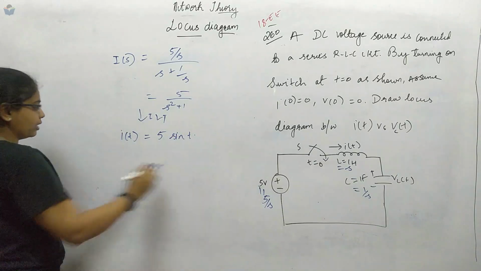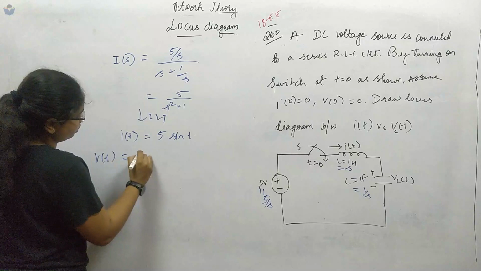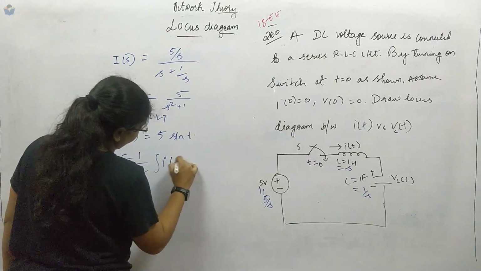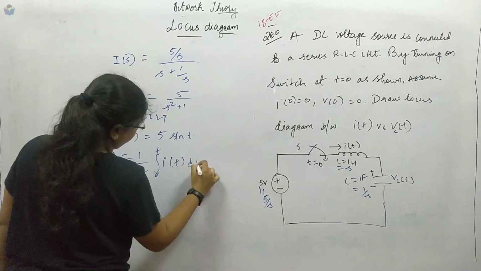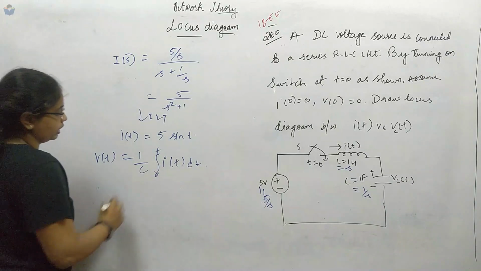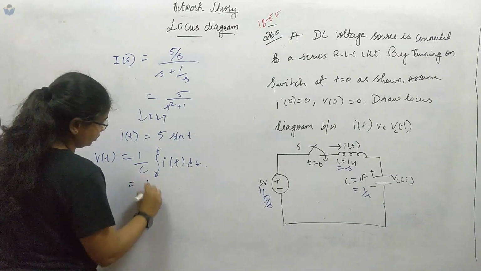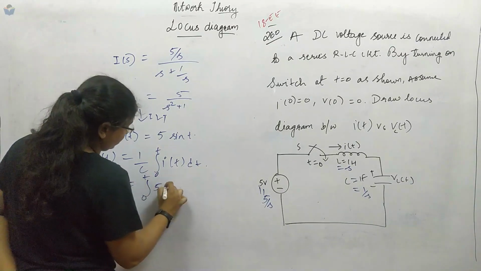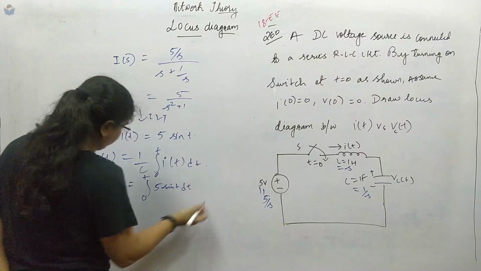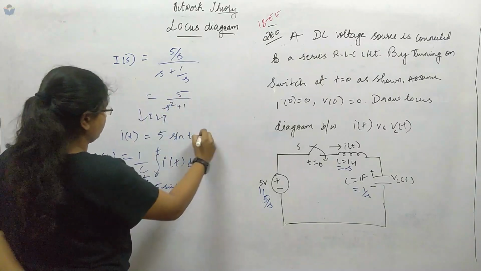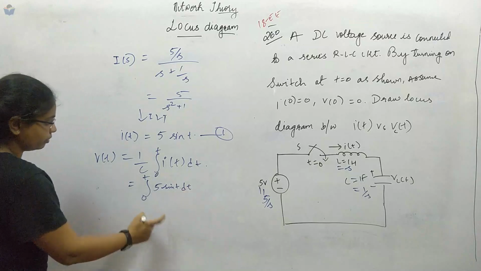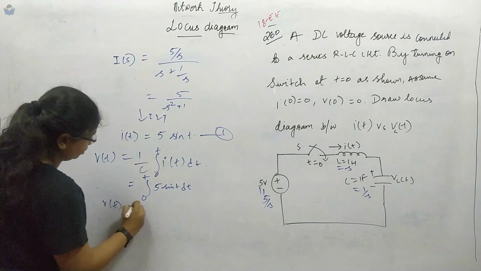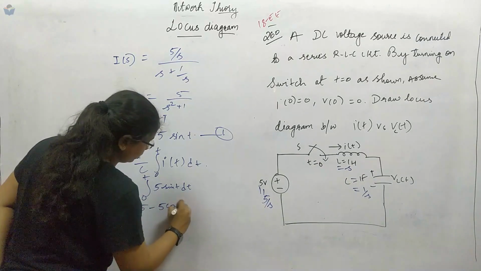Next, to calculate the voltage, we know the voltage across the capacitor is given by the integration of current. The value of C is 1, so integral from 0 to t of phi sine t dt. Let us call this equation number 1. When you simplify this one, you will get phi minus phi cos t.